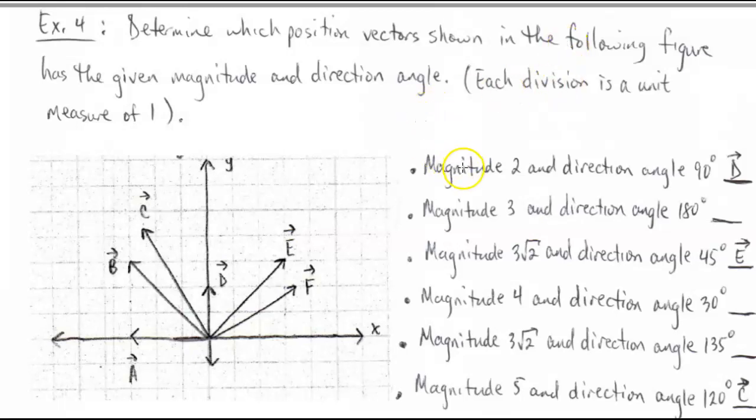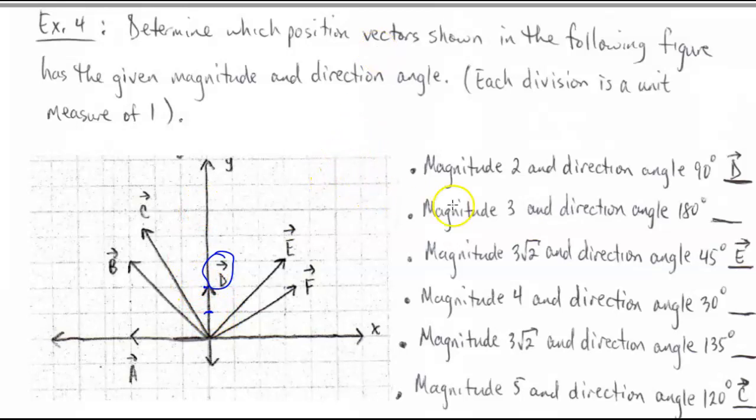So for example, we know that a vector of magnitude 2 and a directional angle of 90 degrees would be vector D here. Based upon the positive x-axis, it's rotated 90 degrees and it has a magnitude of 2. This is 1, 2. Okay.